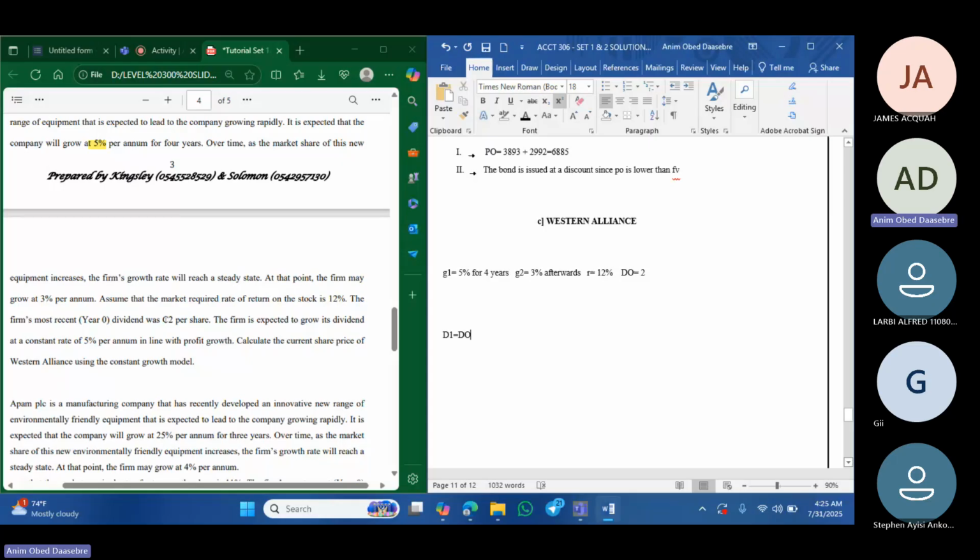The year 4, when you are growing it, you are not just growing it towards year 5 only. It is perpetuity. It's forever. So it's forever, and you want to find the present value of that for forever.